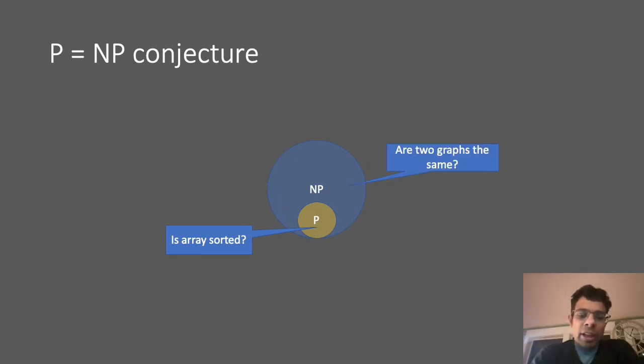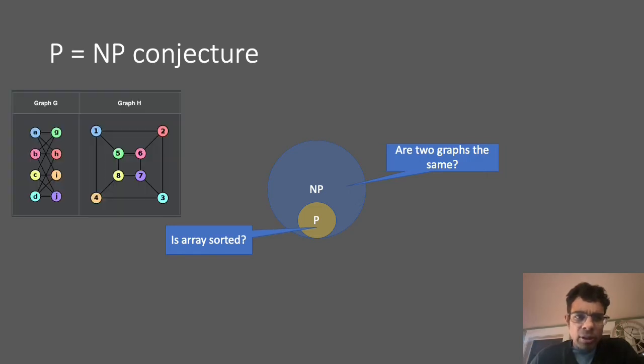Then there's the class NP on top, which is problems that are verifiable in polynomial time, but we don't know if they're solvable in polynomial time or not. So as an example, you're given two graphs, and are the two graphs really the same graph in disguise?